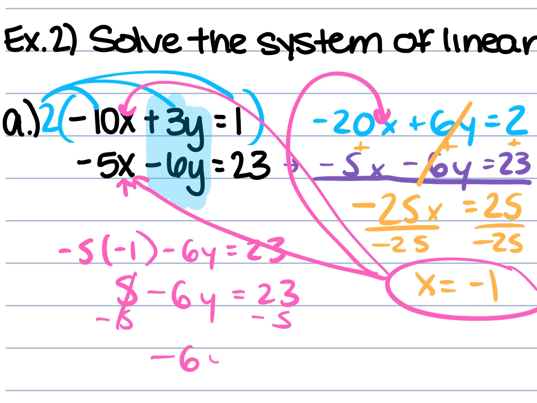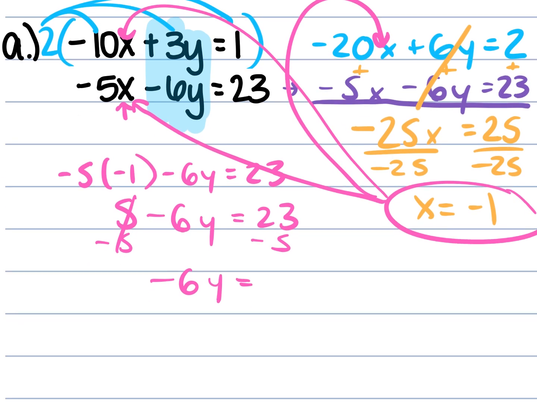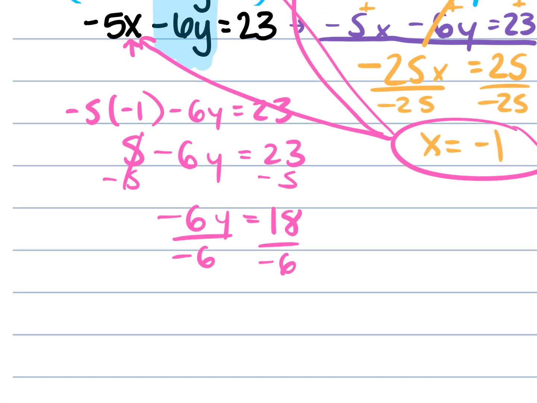So negative 6y is equal to what? 18. Then what do we do? Divide by negative 6. So what does y equal? Negative 3.